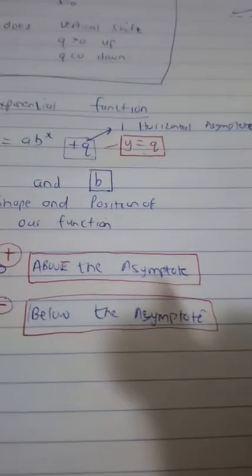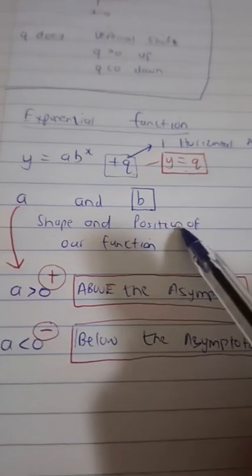Then b here. So here's the thing. Let's say this is the asymptote. So this is like case 1 of function above the asymptote.